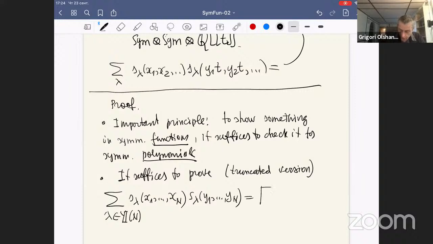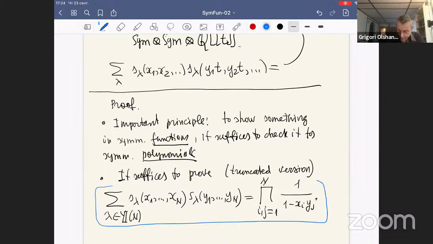And on the right, you have a finite product now. Okay. So we have reduced the Cauchy identity to this one.